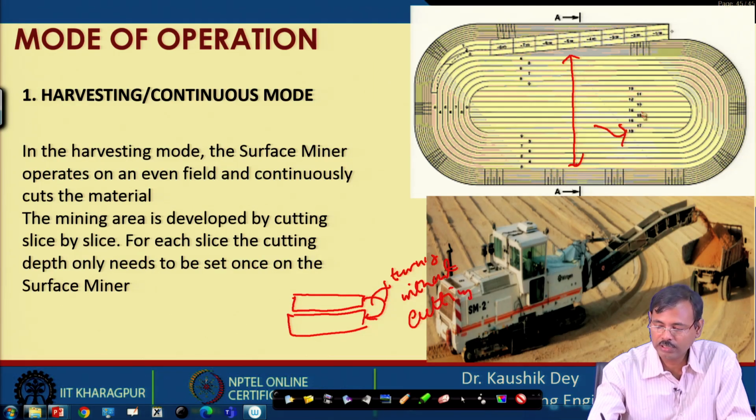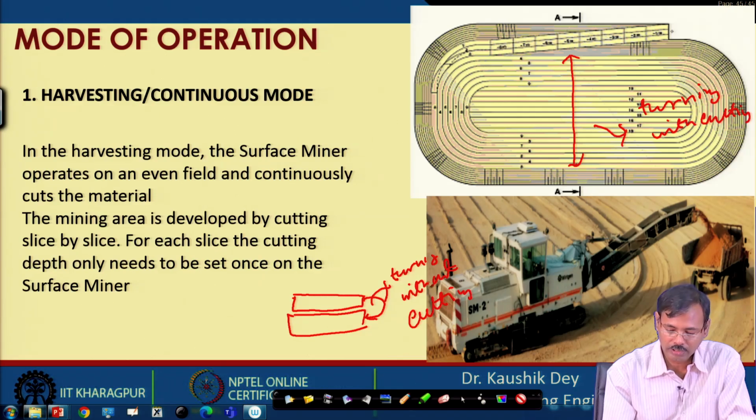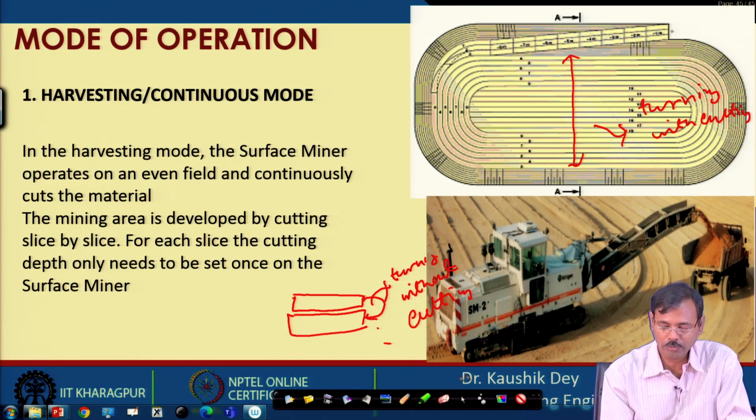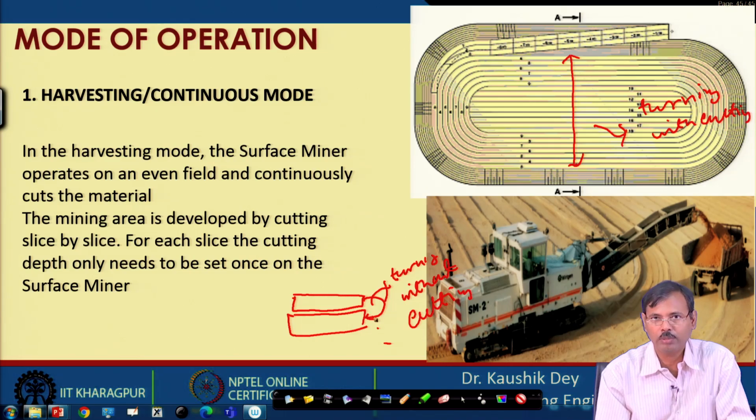But in this case it is turning with cutting. So, the turning radius required here is much less, and your machine has the facility that it can move forward, it can come backward. So, the crawler has to adjust and turn back. We have seen in the last class one video related to this turning, where the machine is turned again in reverse and comes to the back side of this one. So, this is the benefit we have seen.